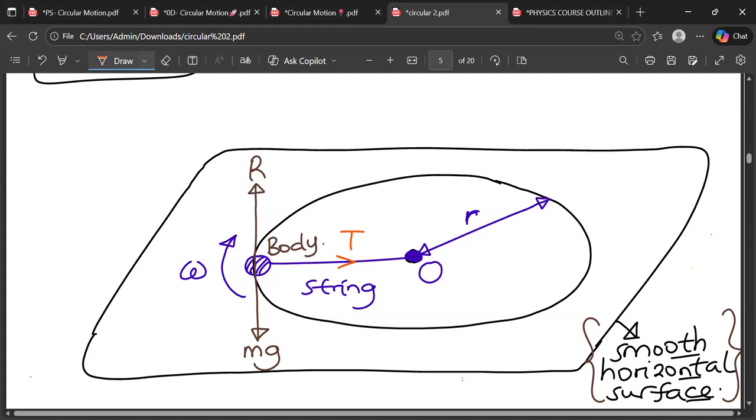So I want you people to be careful. We have R there, we have MG there, we are having T there, we are having R there, we are having omega there. So you should follow. The letters are many, and we are going to come up with the formula we are going to use for today.